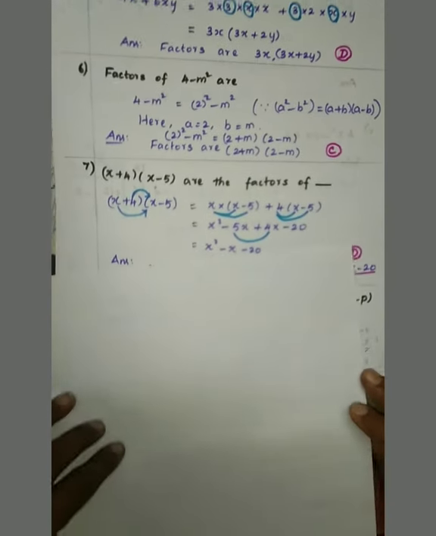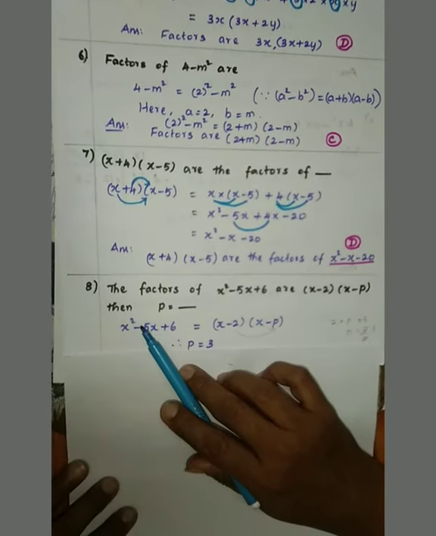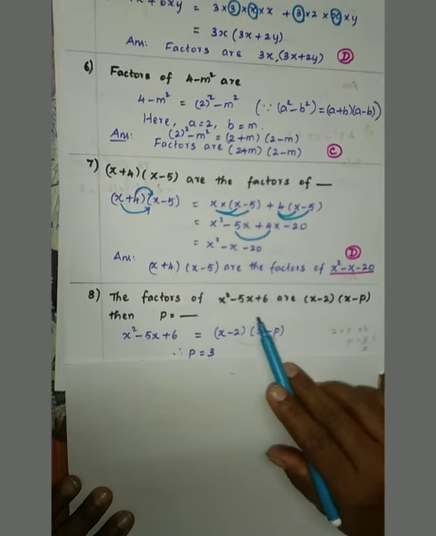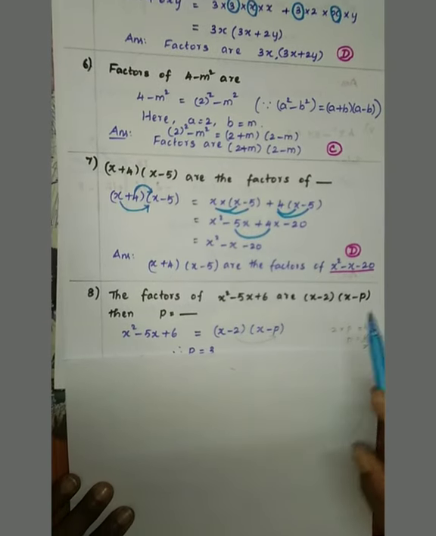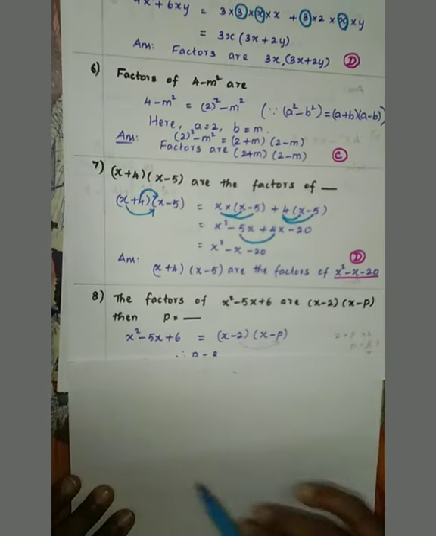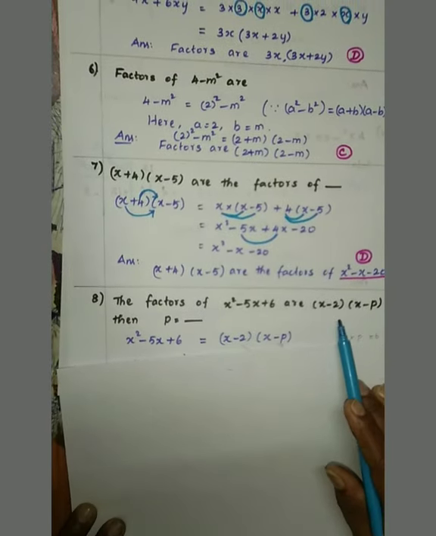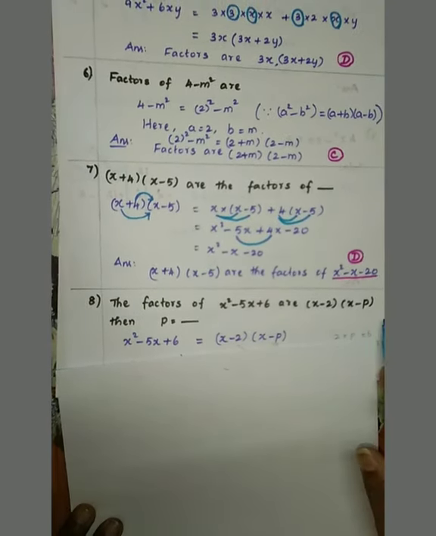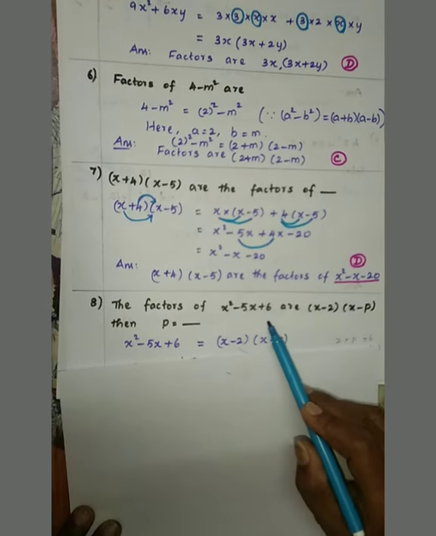Then eighth problem. Factors of x square minus 5x plus 6 are x minus 2 and x minus p. Then the value of p is what? Here one factor is given, so we are going to find one more factor. Look at the last term.